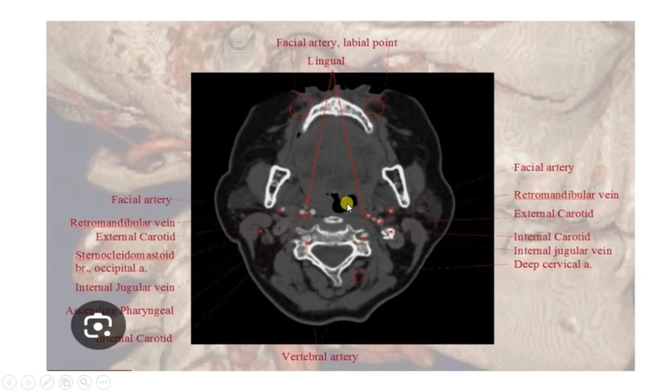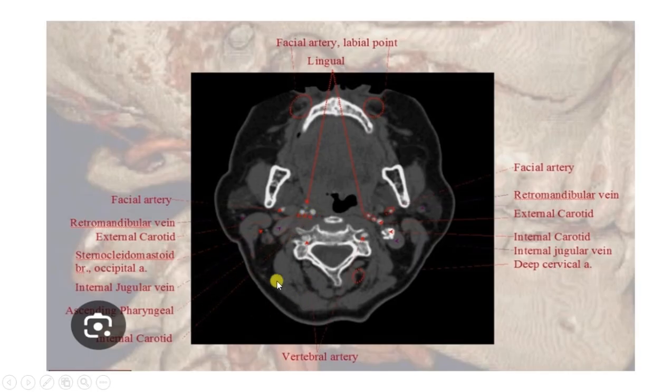And among the branches of the facial artery, the lingual artery is appreciated here, and this is the labial component of the facial artery, and this is the mandible. This is the retromandibular vein, along with the sternocleidomastoid branch of the occipital artery, and these structures are the external carotid artery and internal carotid artery.